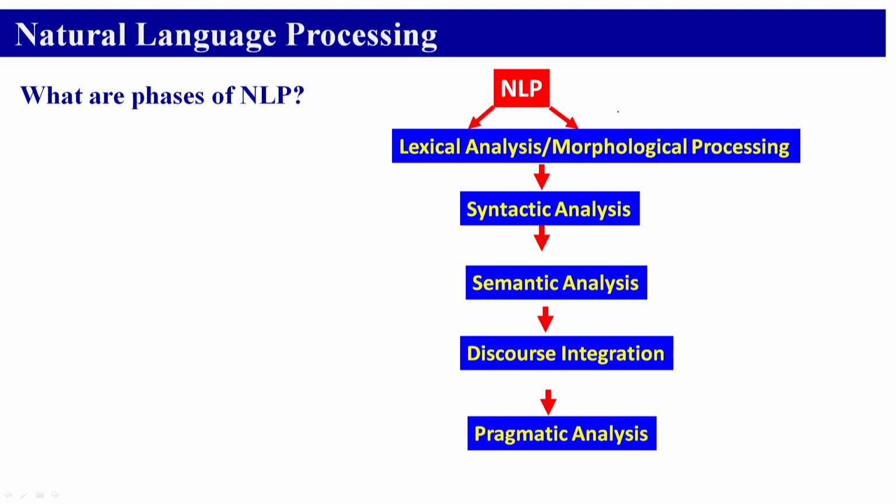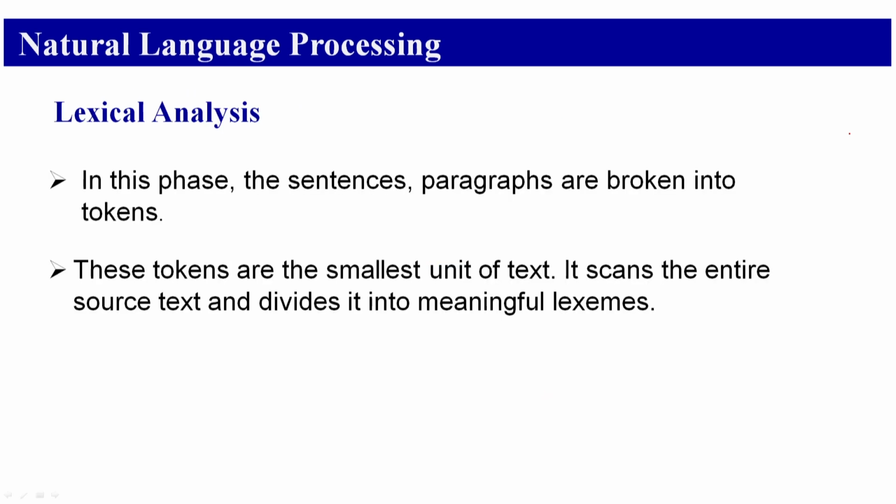Well, the first thing to do is morphological processing, right? And then we can do syntactic analysis, then semantic analysis, what is the actual meaning. We can also do discourse integration, and finally we do pragmatic analysis. Let me tell you again, what is lexical analysis or morphological analysis?